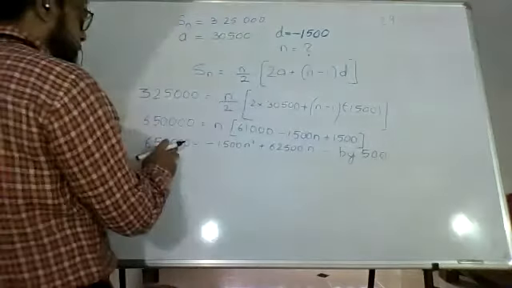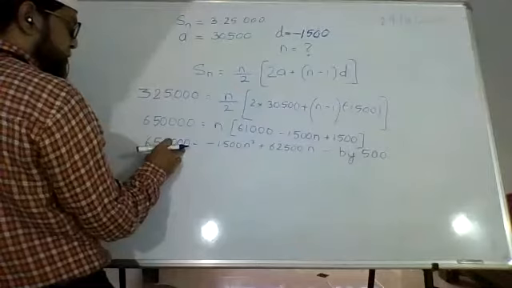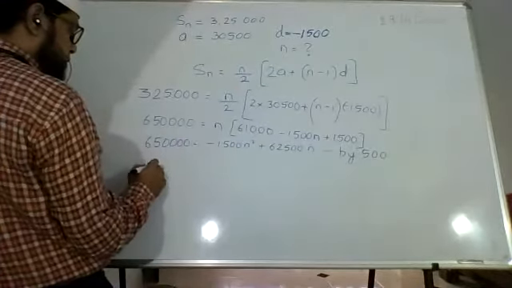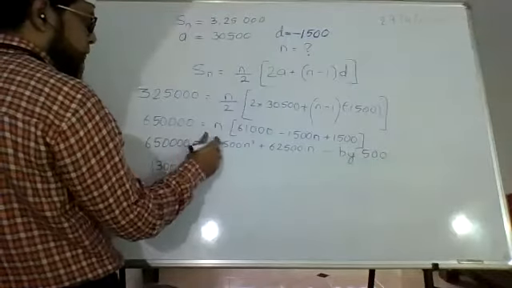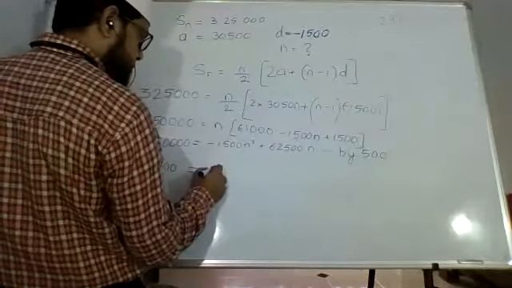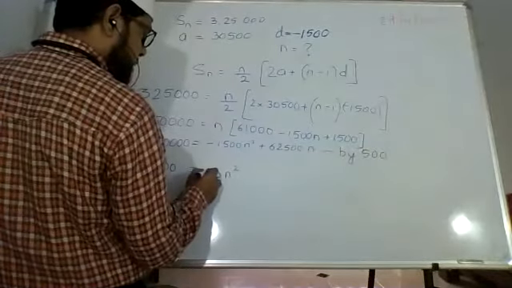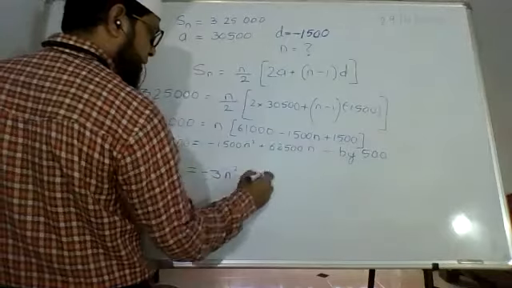So these two zeros will go first of all. Divide this by 5: 65 divided by 5 is 13, so 1,300 equals minus 1,500 divided by 500 is minus 3 n square plus 625 divided by 5.